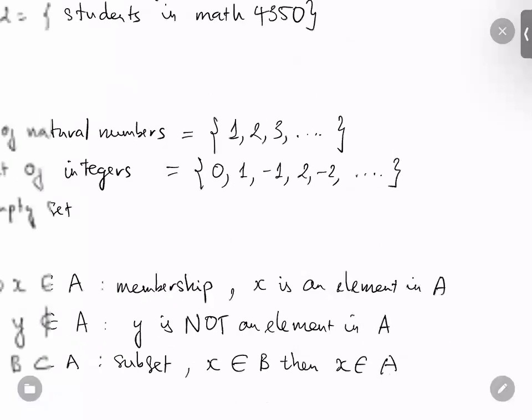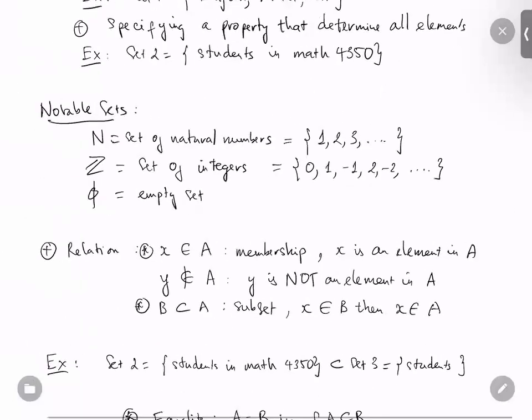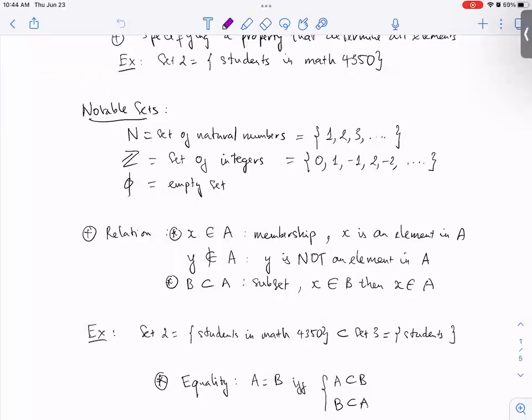And Z is the set of integers, 0, 1, minus 1, 2, minus 2, and so on. Also, a set that appears very often is the empty set. The empty set is a set that doesn't contain any element.